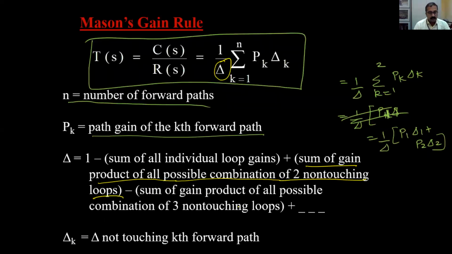Now what is delta k? Delta k means delta not touching the kth forward path, or I can write like this. What is delta 1?